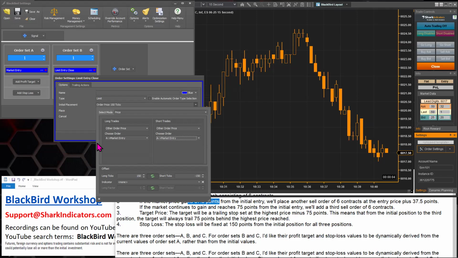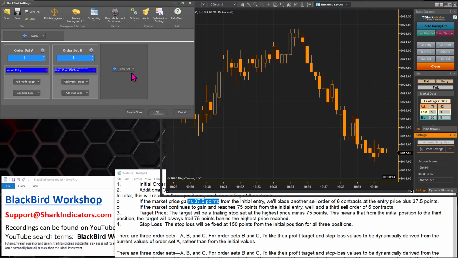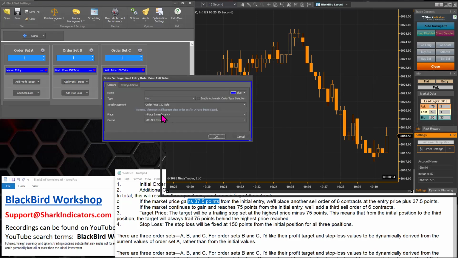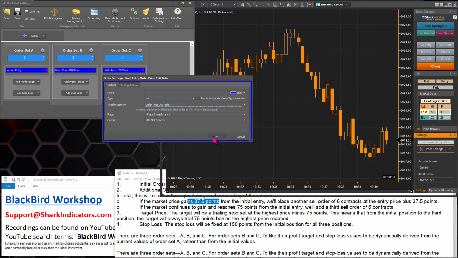There. All right, so let's see if this works. And I'm gonna set up both of my scaling orders here, and let's make sure this works before I go any further. Let's see. All right, so initial placement is now going to be 300, like so.